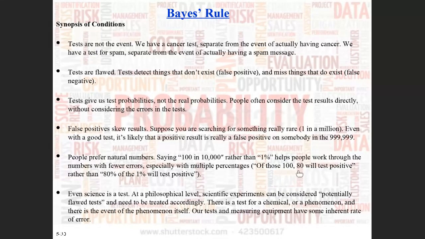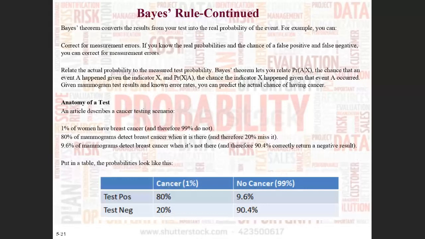I apologize, but remember you've got the PowerPoint so you can look at them. Continuing, Bayes' theorem converts the result from your test into the real probability of the event. For example, you can correct for measurement errors. If you know the real probabilities and the chance of a false positive and a false negative, you can correct the measurement errors. You can relate the actual probability to the measured test probability.